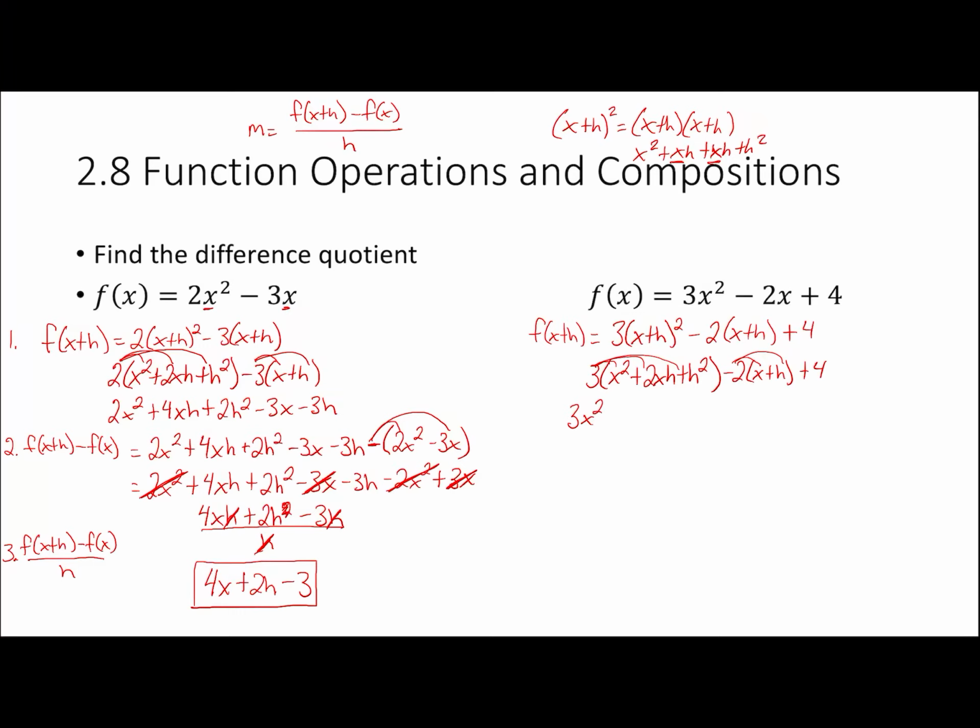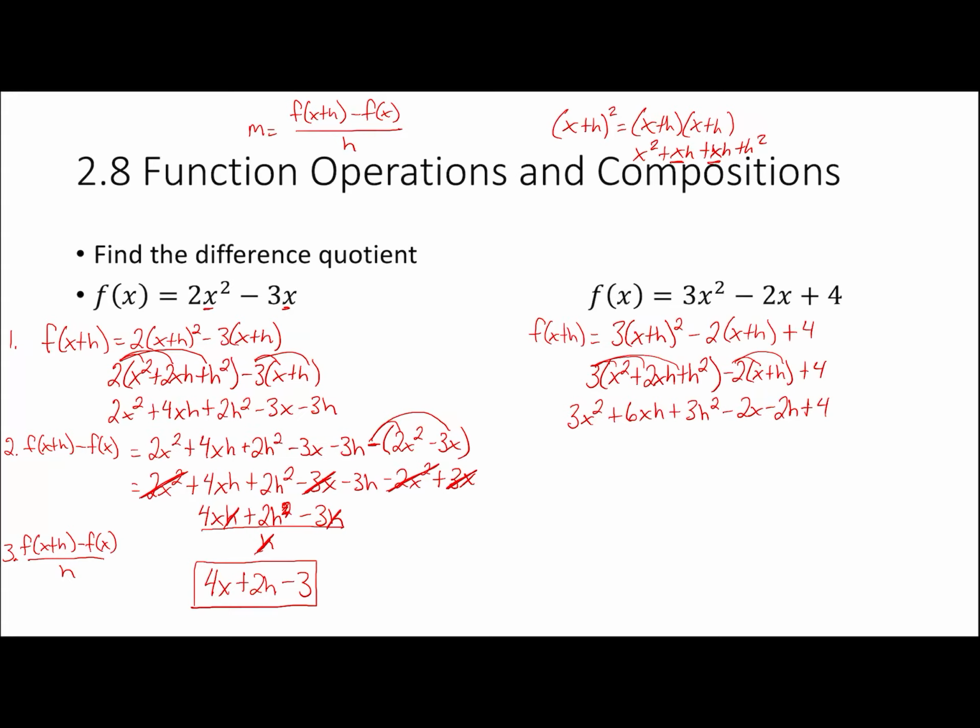And so we'll distribute the 3, and we'll also distribute the negative 2. And so we end up with 3x squared plus 6xh plus 3h squared. And then distribute the negative 2, and we have negative 2x minus 2h plus 4. So that's the first part.